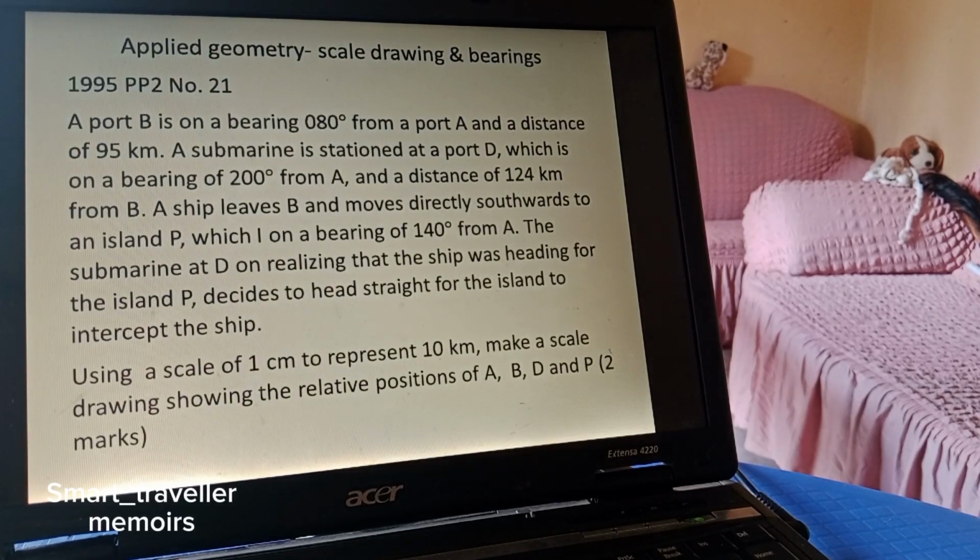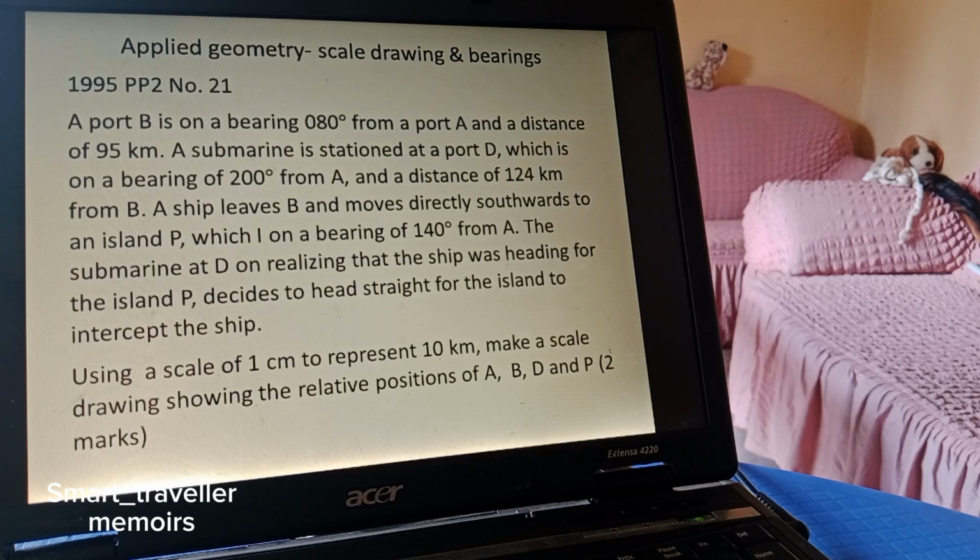Question number 2. A port B is on a bearing 80 degrees from a port A and a distance of 95 kilometers. A submarine is stationed at a point D, which is on a bearing of 200 degrees from A and a distance of 124 kilometers.